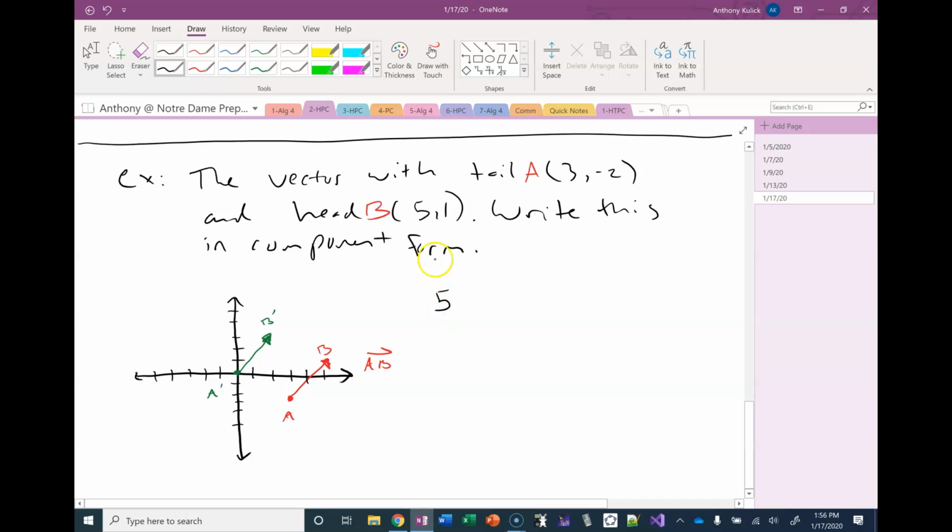So our new vector then, A prime, B prime, we got by going from the terminal point, we went left 3, and we went up 2. What do you notice here?